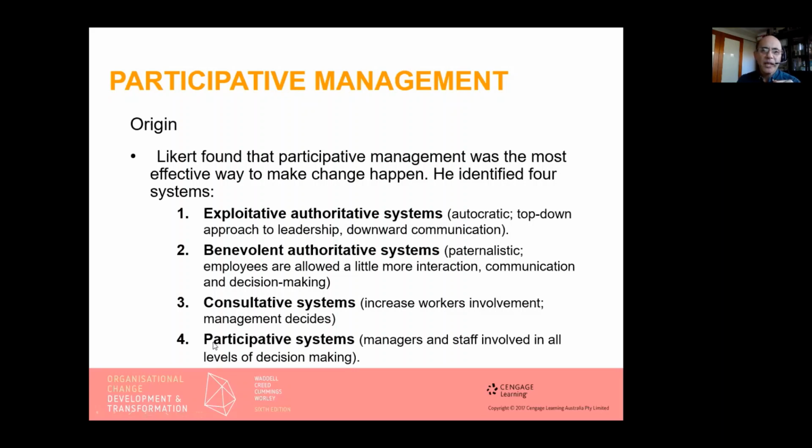An even better way is more than just consulting. We're actually getting them involved in decision making. So it's not the manager who's making a decision. The manager gets the input from the workers, and then he tells them, okay, what do you think is the best way we can solve this problem in the organization?